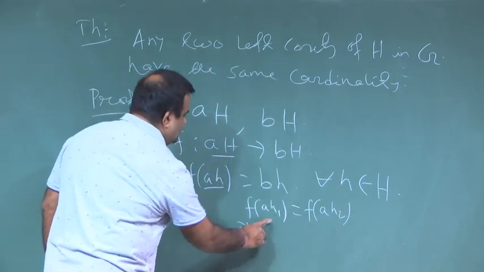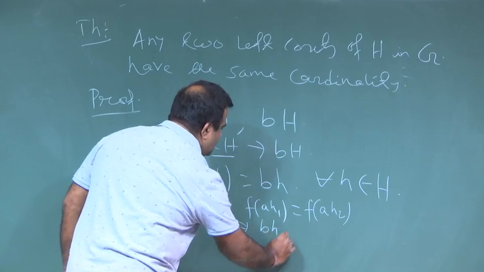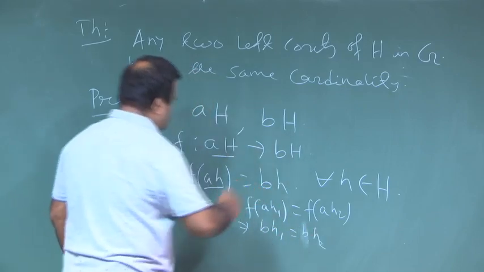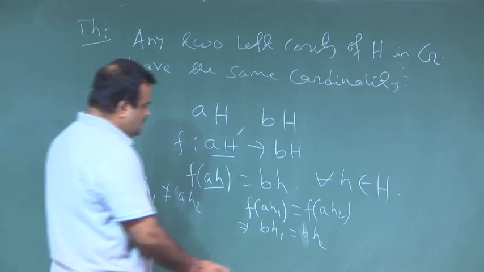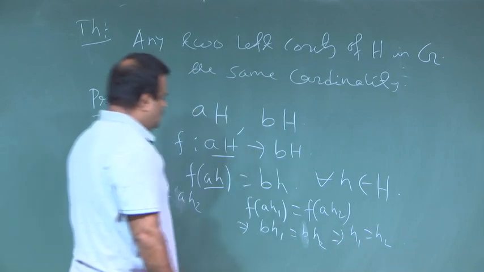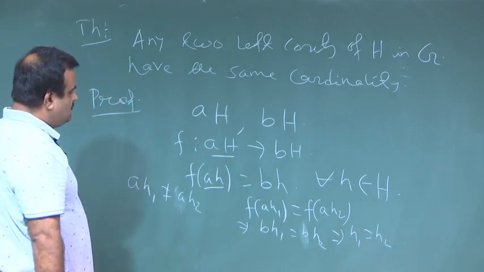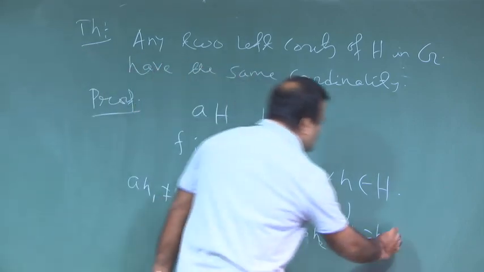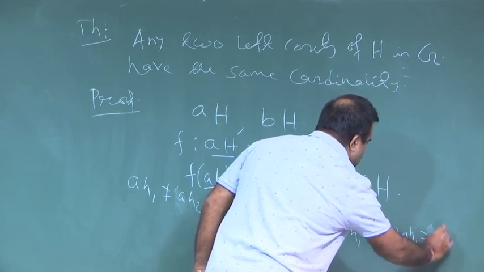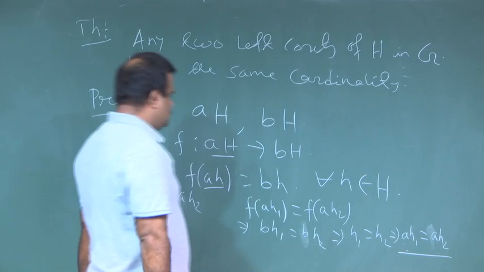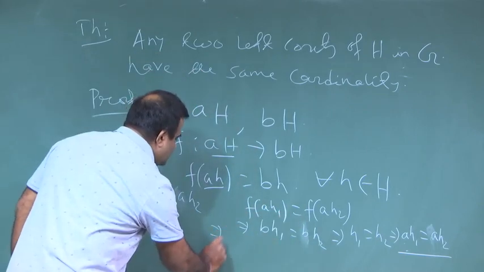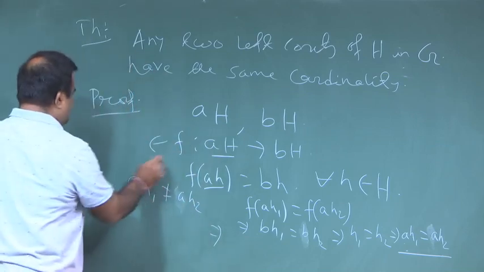This implies Bh1 is equal to Bh2, by the definition of this function. Now, this implies h1 equals h2, because B has an inverse, this is the cancellation law. So, this implies f is an injective function.